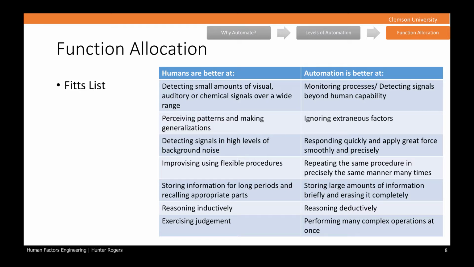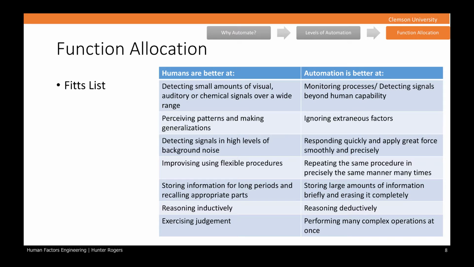So the things that humans are better at in this list are detecting small amounts of visual or chemical signals over a range, or perceiving patterns, detecting signals with high levels of background noise. Humans are really good at improvising and storing information for long periods of time, and being able to sort through that information, as well as reasoning and exercising judgment.